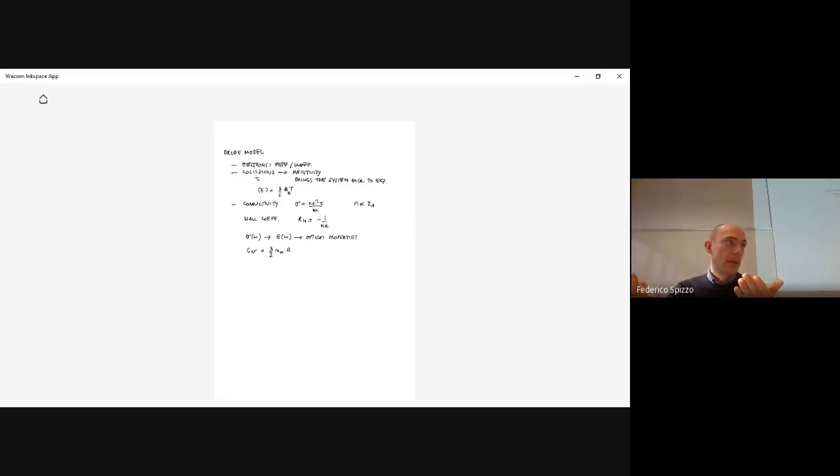And why do you do that? Because at the first step, you maybe do not know all the details of the system you have in front of you. So at the beginning, you try to compare with just the simplest picture, to understand where your system deviates from this picture and where your system is in agreement with this picture.